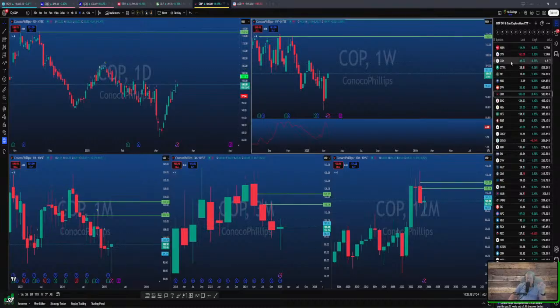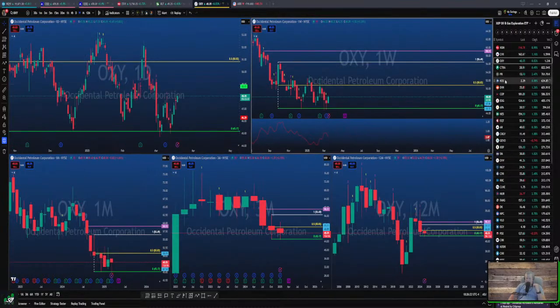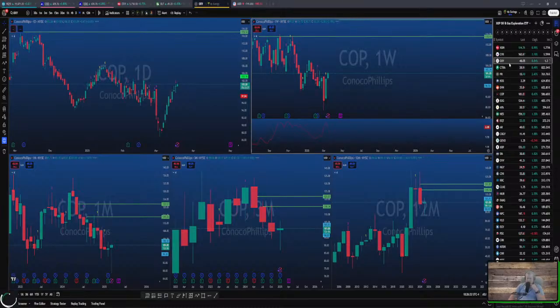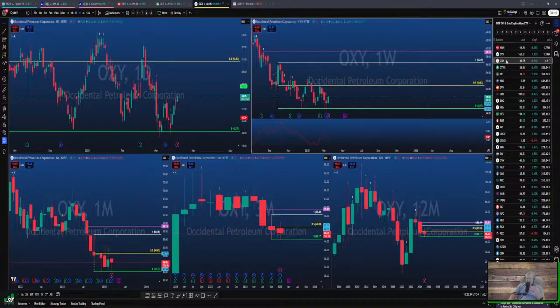So this is a good example. Look at ConocoPhillips month, quarter, year, right? All is green. And it's in exactly the same setup as Oxy, 212 up, but the month, quarter, year is green, which tells me that people involved in ConocoPhillips are more bullish than they are on Oxy, because Oxy is all red.